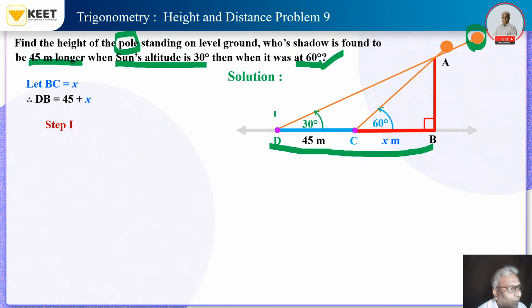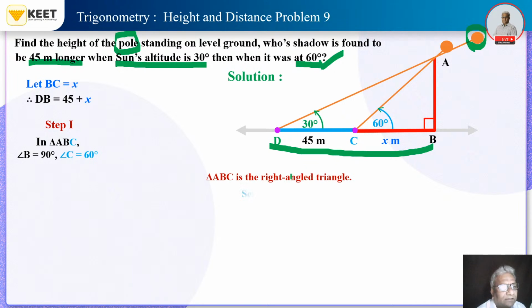In step 1, we are taking triangle ABC, the smaller triangle, in which angle C is 60 degrees. Now we have to select the ratio. The triangle which we have taken is a right angle triangle. For the selection of ratio with respect to angle C, we have AB and BC.